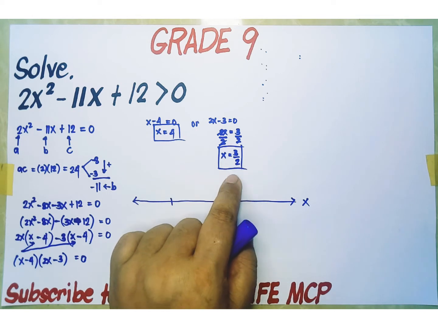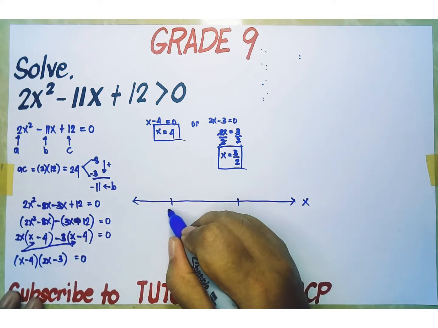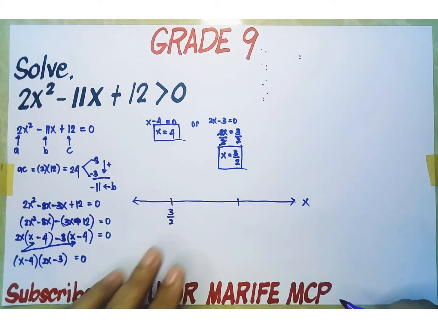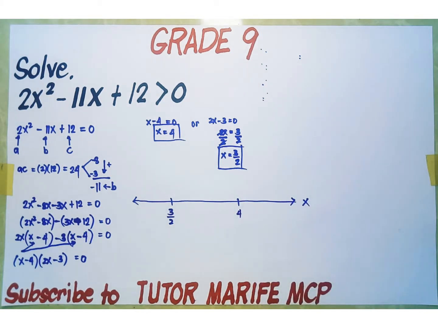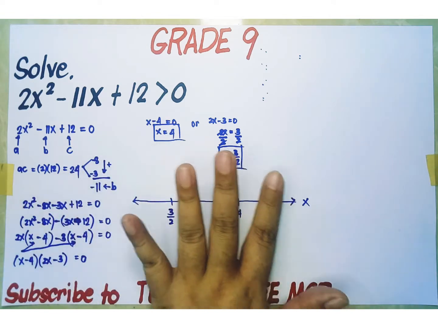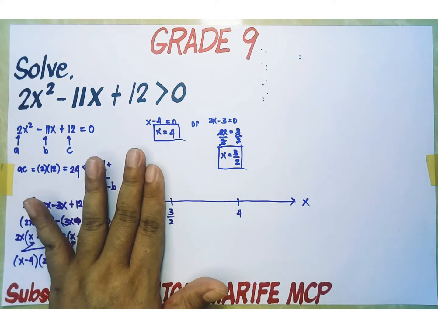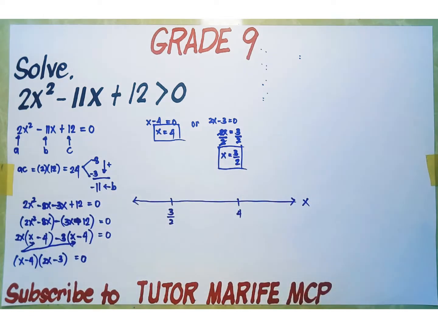And 1 1/2 is smaller than 4. So it should be placed before 4. Okay, so notice that the number line is being divided into 3 regions, 3 intervals.